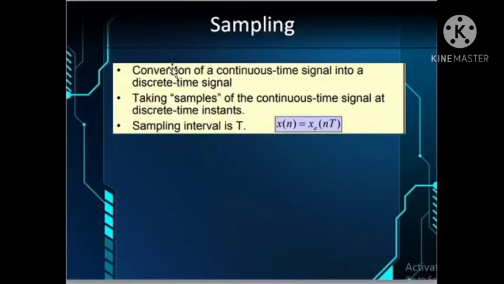Sampling is a conversion of a continuous time signal, an example of this is an analog signal, into a discrete time signal or digital signal, taking samples of the continuous time signal at discrete time instances. The sampling interval is T. So this is the sampling formula or equation.